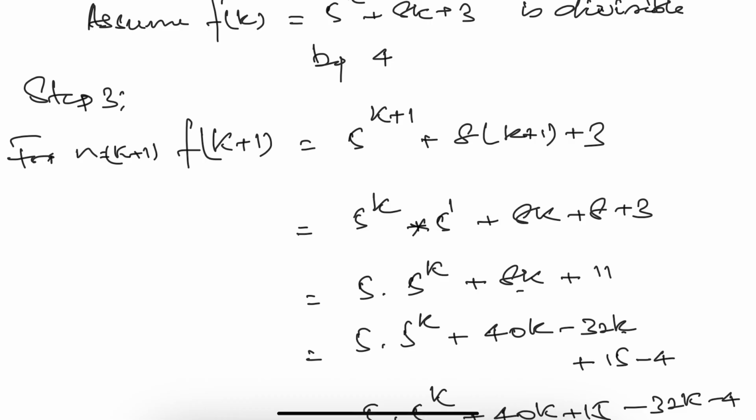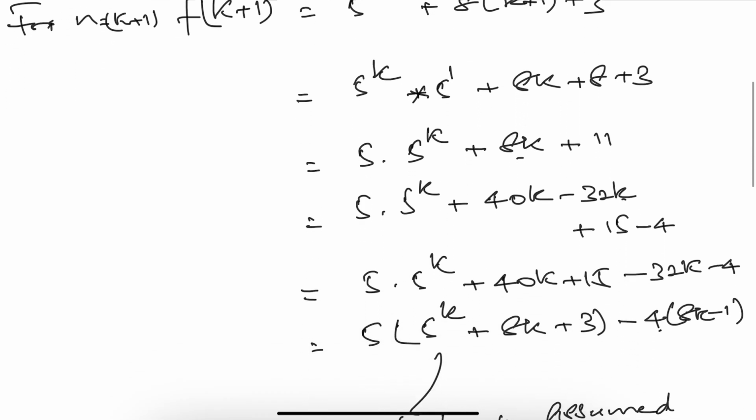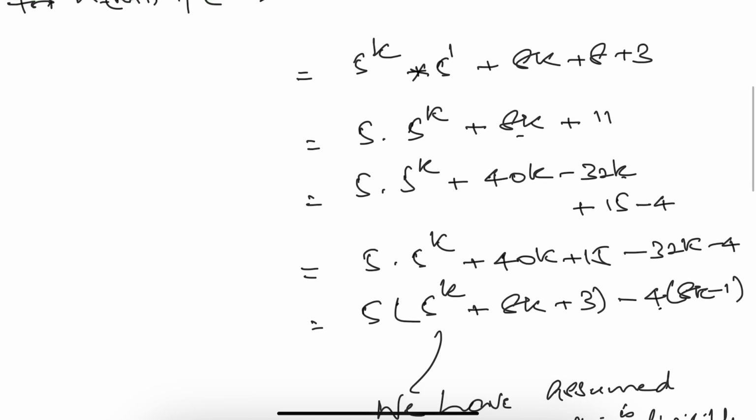5 to the power k plus 1 can be written as 5 to the power k times 5 to the power 1, plus 8k. Expand the bracket: 8k plus 8 plus 3. So 5 to the power 1 is 5, so 5 times 5 to the power k plus 8k plus 11.